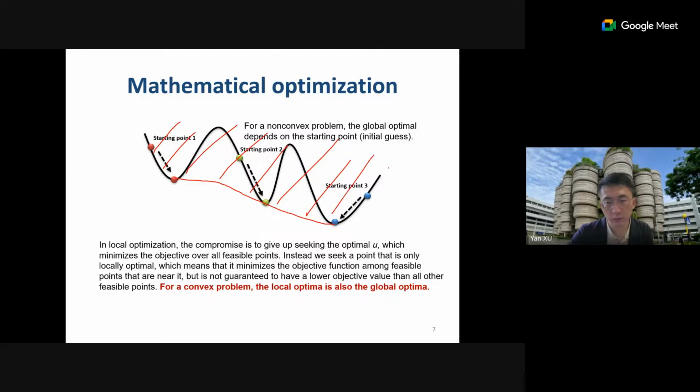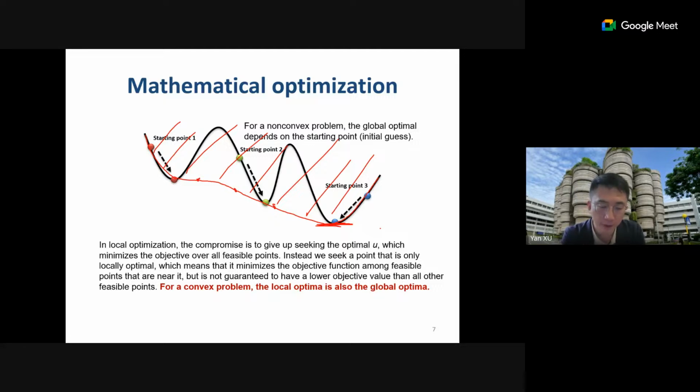Now you can see the whole problem is circled by this red line. You can see here it becomes a convex problem. So no matter where we start our search, we will always converge to this solution. And this solution is clearly a global optimum.